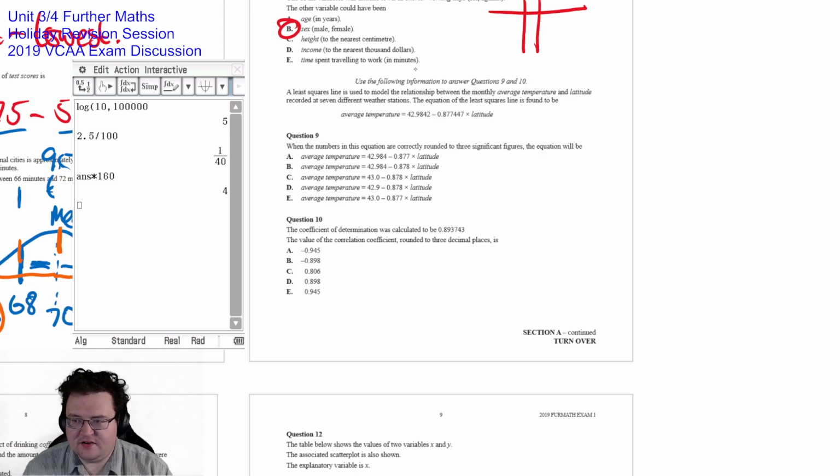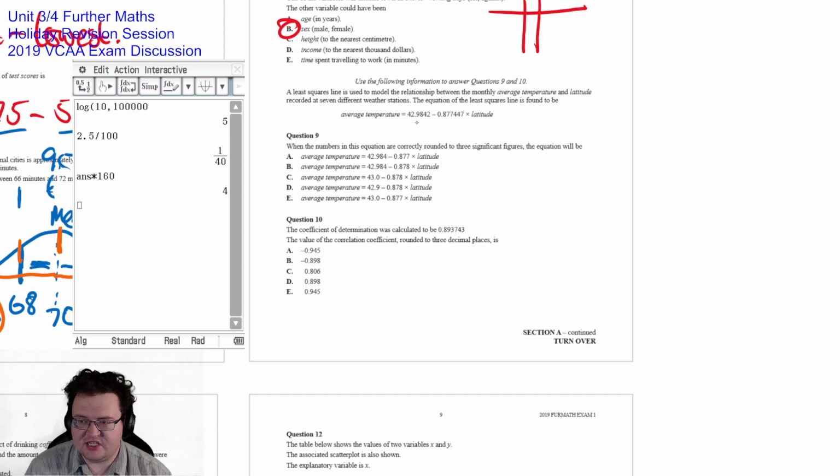All right. What we need to do is find the first important number in each thing here. So in this case, it's 42.9842. In this case, the 4 is important, so we're going to keep that number. The 2 is therefore also important.